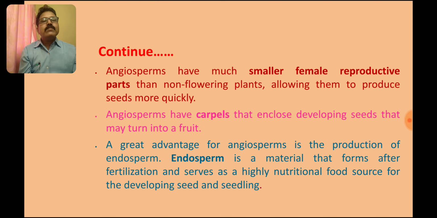So angiosperms have a carpel that encloses the developing seed that may turn into a fruit. A great advantage for the angiosperm is the production of endosperm. Endosperm is a triploid structure, a particular material that forms after fertilization and serves as a highly nutritional food source for the developing seeds and seedlings.